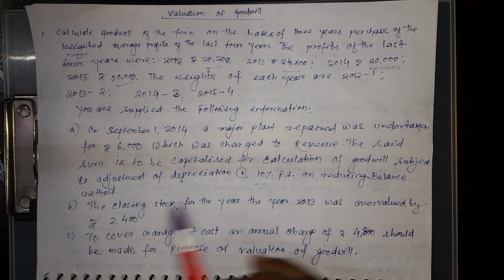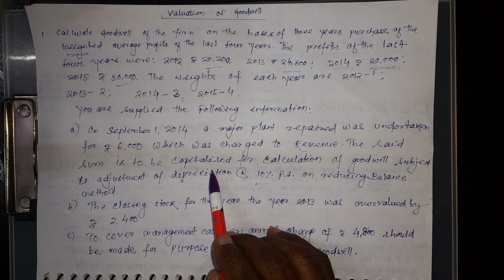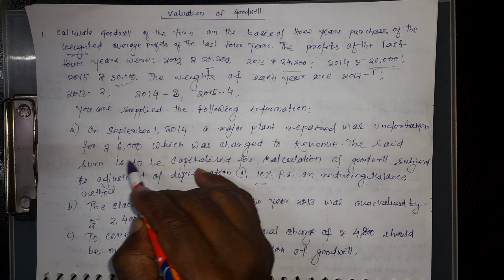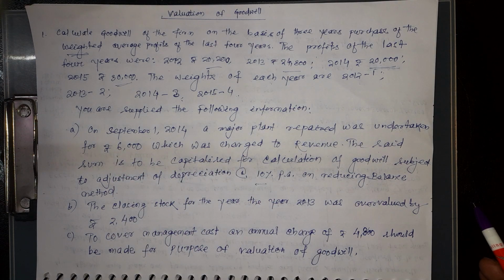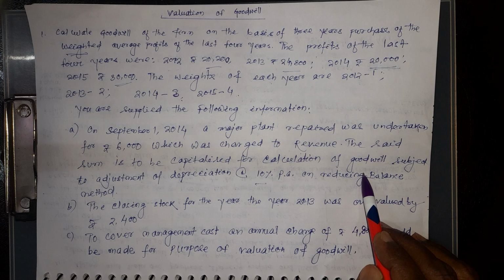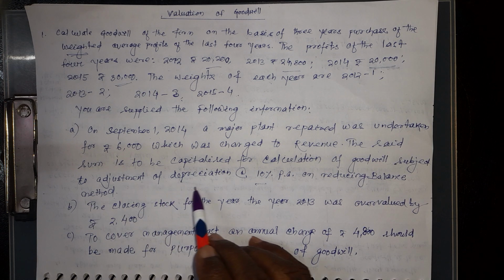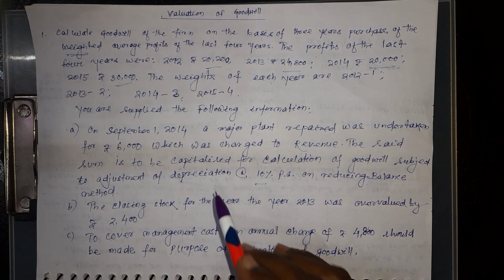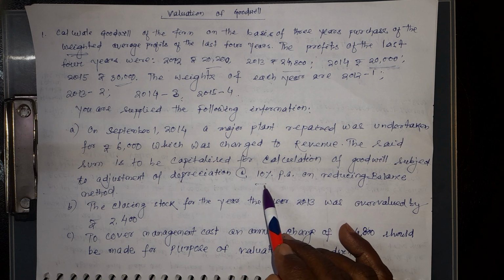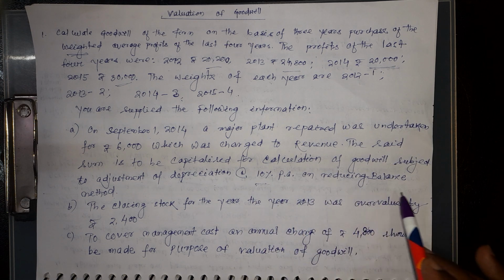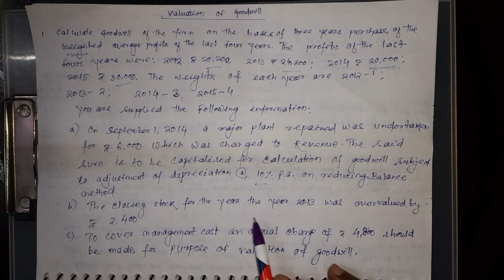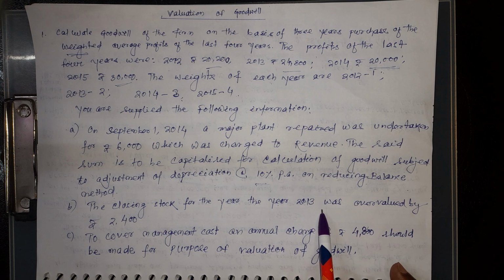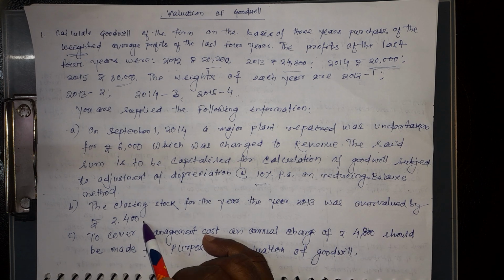The question says the said sum, the 6,000, is now to be treated as capital nature for calculation of goodwill, subject to depreciation at 10% per annum on reducing balance method.